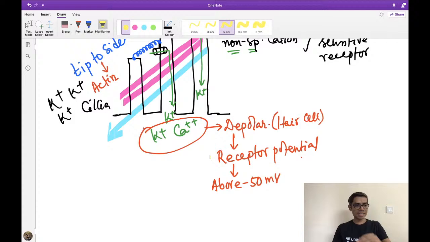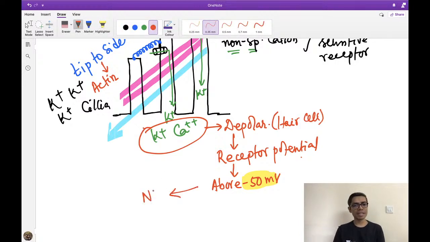Now this receptor potential is going towards depolarization. Whenever it is going above minus 50 millivolt, this is the threshold voltage of this hair cell, and this hair cell is going to produce neurotransmitter.